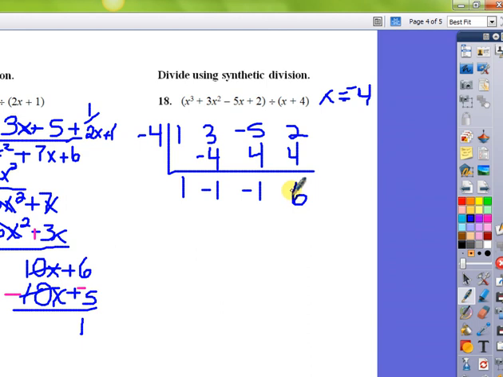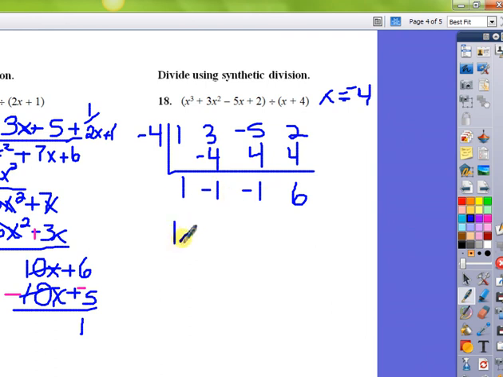And now we have to insert the variables again. So again, time to interpret this. Since we just divided this whole thing through by an x value, we're just going to subtract 1 from this degree. So these are the coefficients.